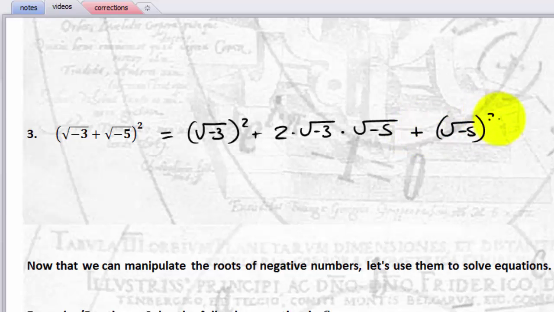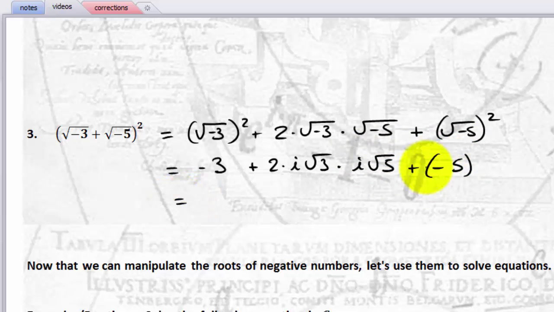So this is negative 3 plus 2 times i root 3 times i root 5, plus negative 5. So negative 3 and negative 5 is negative 8. And here we have i times i, i squared, negative, minus 2 square root of 15. Negative 8 minus 2 square root of 15.